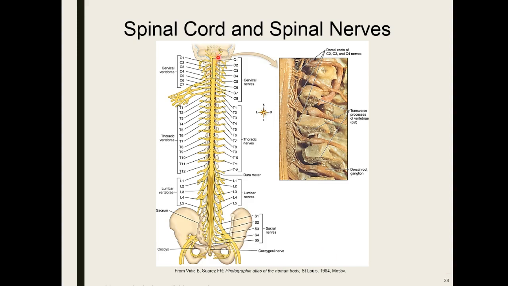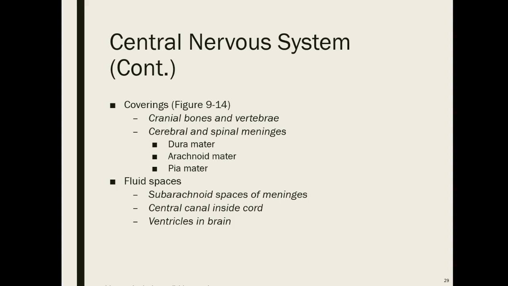So here you can see the nerves that correlate with the spinal cord and the vertebrae that they are by. So the covering of the spinal cord, well, of the central nervous system, I guess, are the bones of the cranium and then the vertebrae.